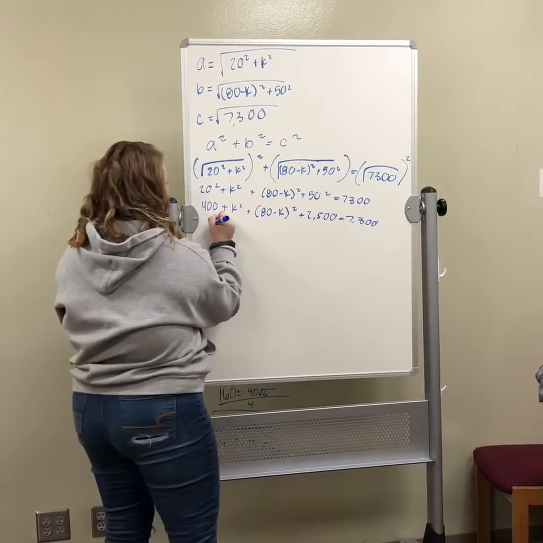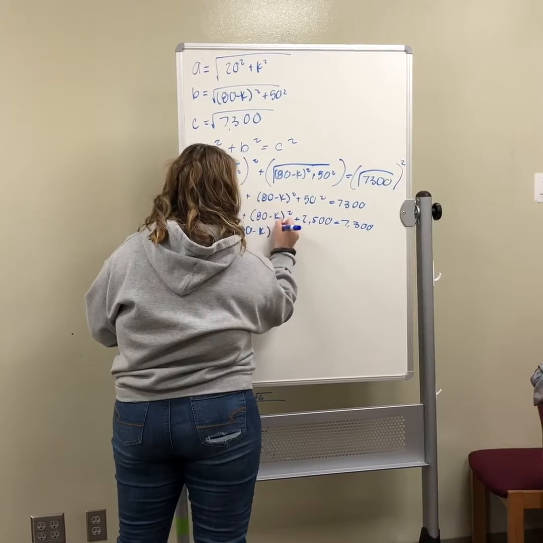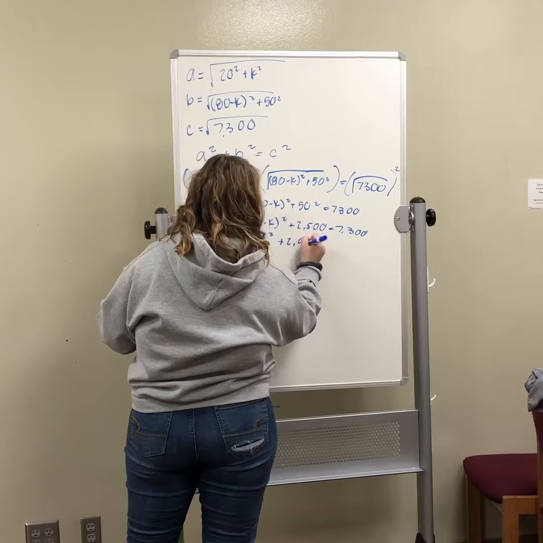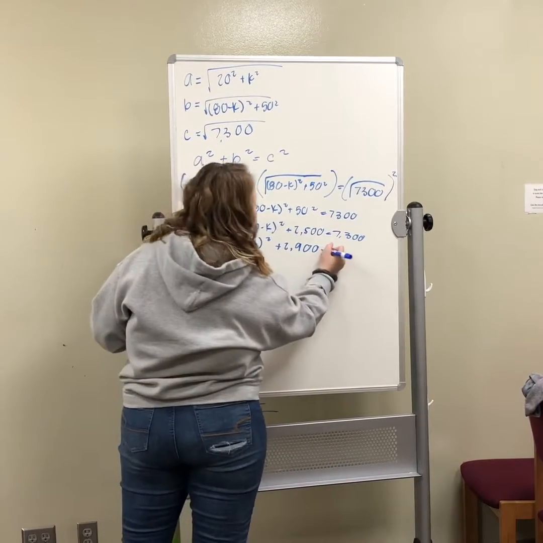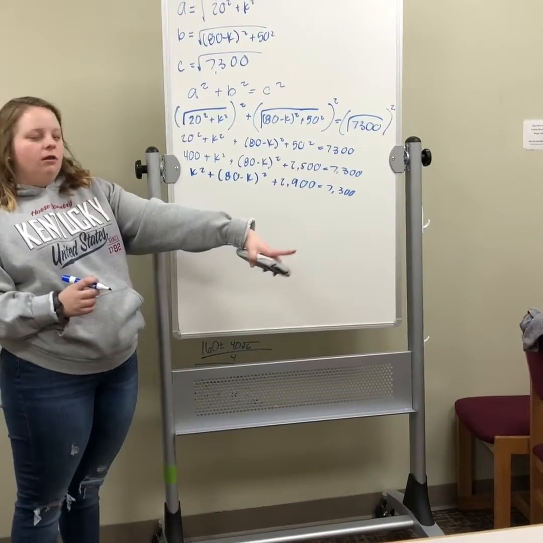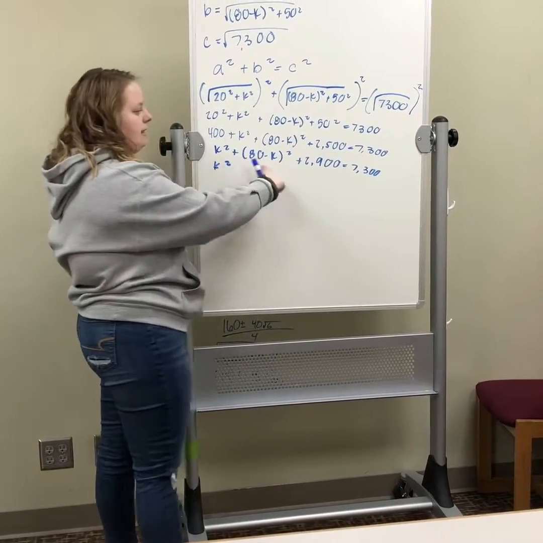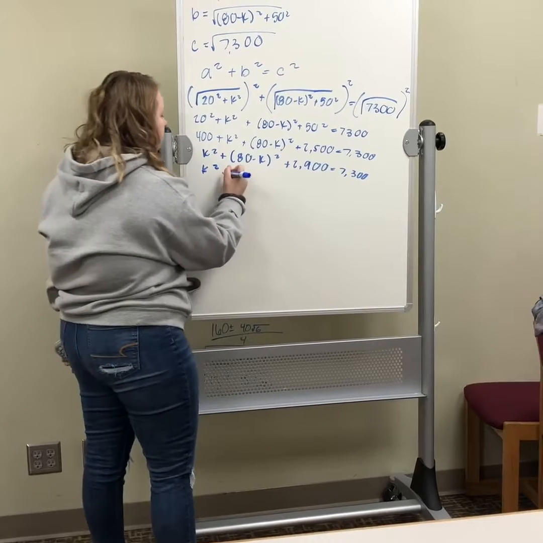Okay, so we have that, and then we're going to add all the like terms: k squared plus 80 minus k squared plus 2,900 equals 7,300. Okay, so we're going to keep simplifying all this. We keep the k squared, and then this is squared, so we actually have to break that down and FOIL it.